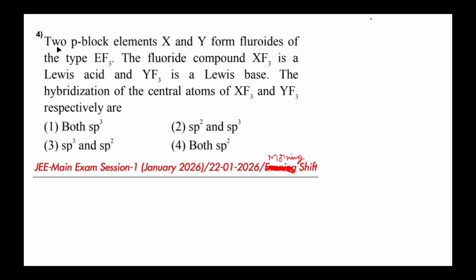The next question is: two p-block elements X and Y form fluorides of the type EF3. The fluoride compound XF3 is a Lewis acid and YF3 is a Lewis base. The hybridization of the central atom of XF3 and YF3 respectively are? So both are p-block elements. One is XF3, another one is YF3.